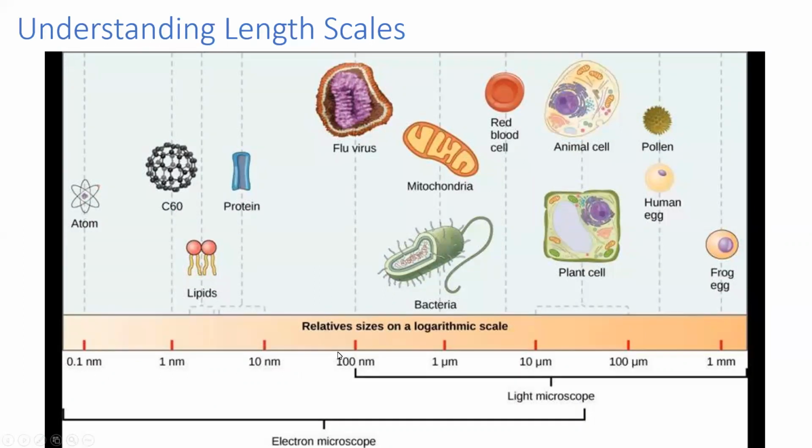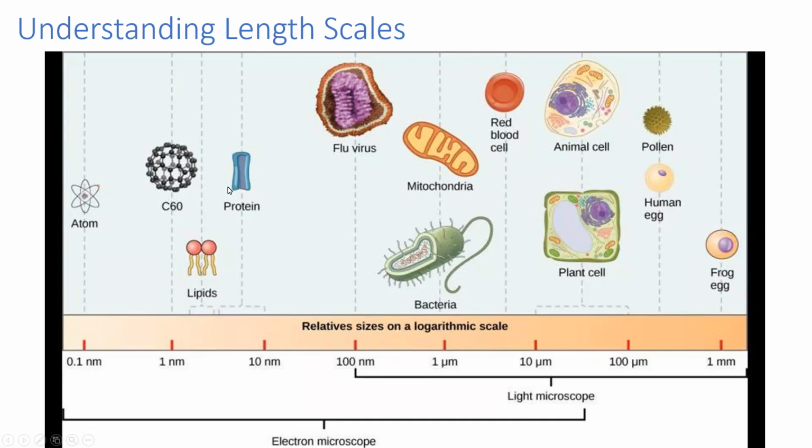We are talking about viruses, which are 100 nanometer, bacteria, which are 1 micron, and animal cell and plant cell, which are about 50 microns. So you can see our interest is in this range, from 1 nanometer to 1 micrometer.